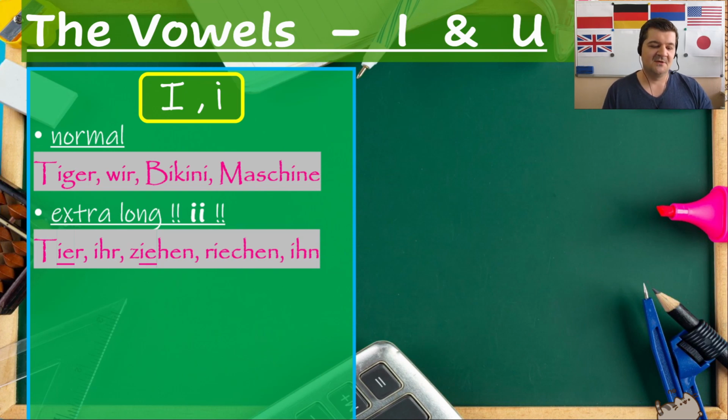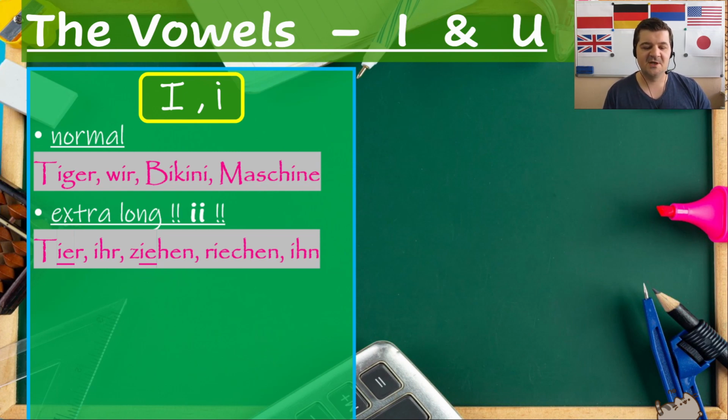One is putting an E after E, so you have Tier, so das Tier, for example. Yeah. Or again, the H sound, and you get ihr. Again, ziehen.